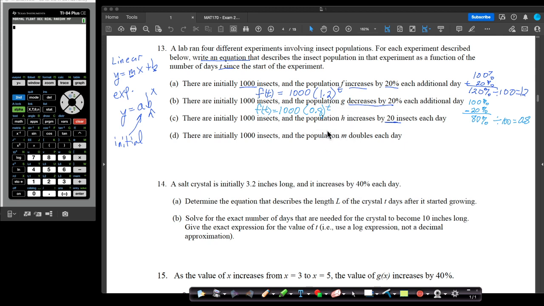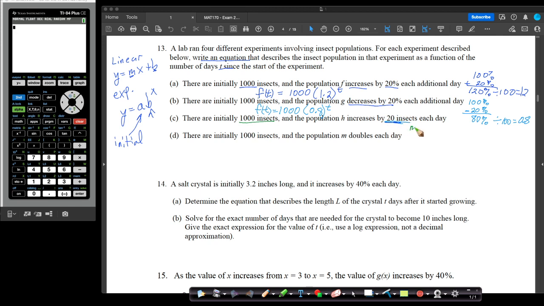Now we'll see we have to switch gears a little bit, because we are saying that it increases by 20 insects. That's an amount of increase. So it's an amount. It's no longer exponential. It's not percentage change. So what we know is that we have a starting value, a y-intercept of 1,000, and we're increasing by 20 each day. That's an average rate of change. It's a slope.